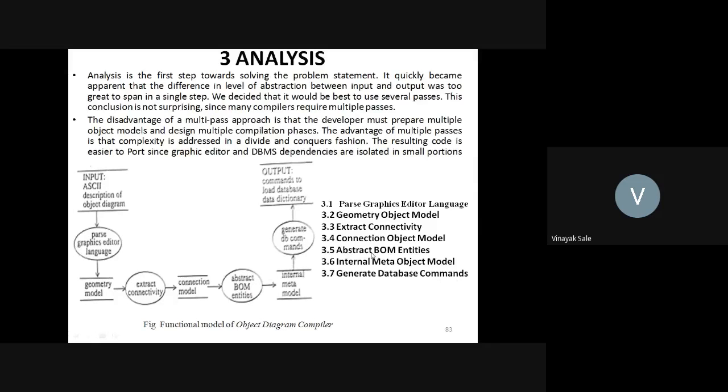Then abstract bill of material entities, fifth step. Then internal meta model, sixth step. And generate database commands, this is the seventh step. So from input to output there are seven internal steps for analyzing the input data and generating the output. We'll study these seven steps in detail.